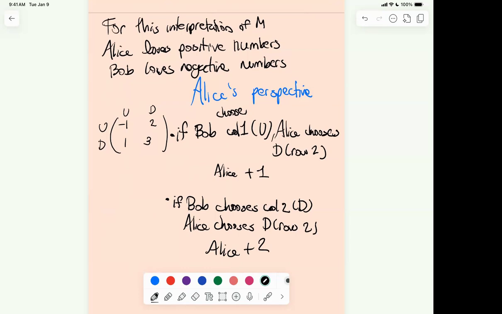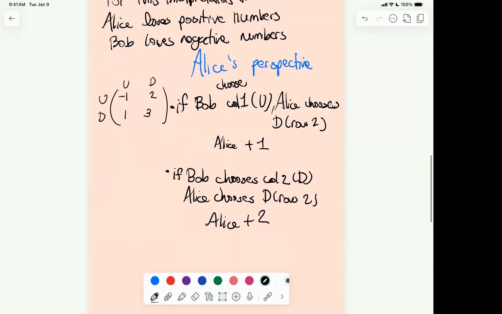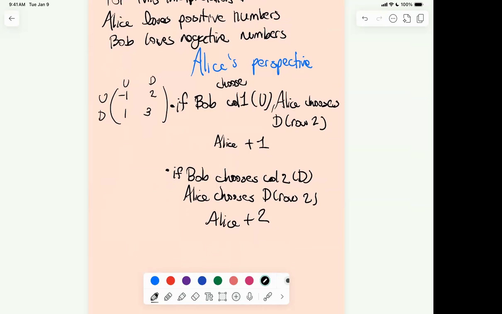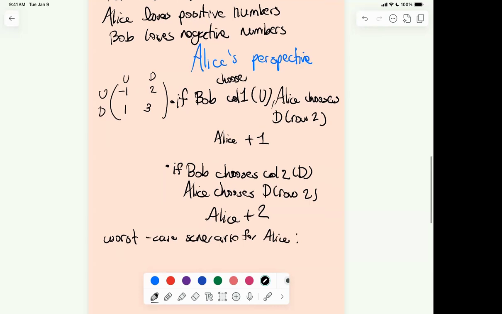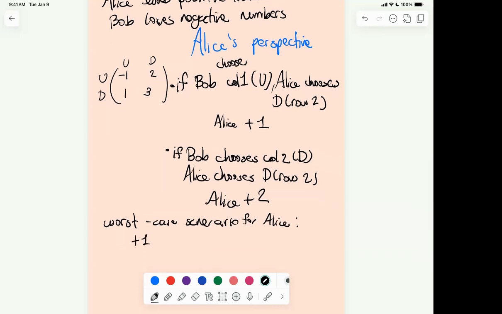The worst case scenario would be where I just gain +$1. Of these two possibilities, I know for sure the worst I could end up with is $1. So the worst case scenario for Alice is ending up with +$1.